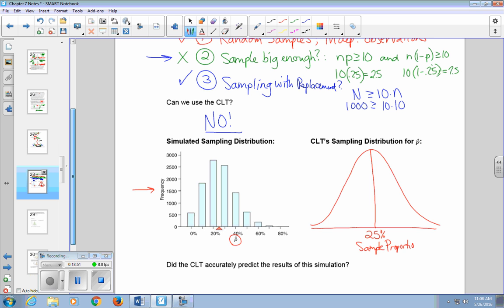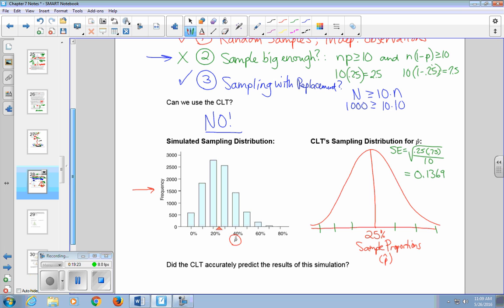And the standard error, we would get p times 1 minus p, where 1 minus 0.25 is 0.75, divided by our sample size of 10, and then the square root. That gives a standard error of about 0.1369.